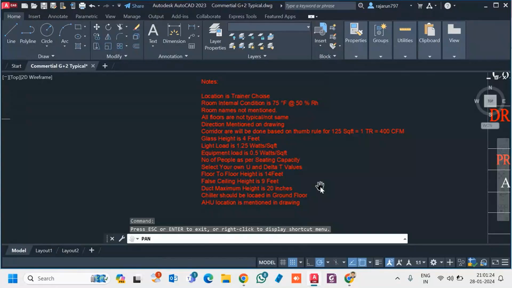And here you need to take electrical equipment as 1.25 watt per square feet, glass height as 4 feet. For the width of the glass, you need to measure the width, and the height they have given already.